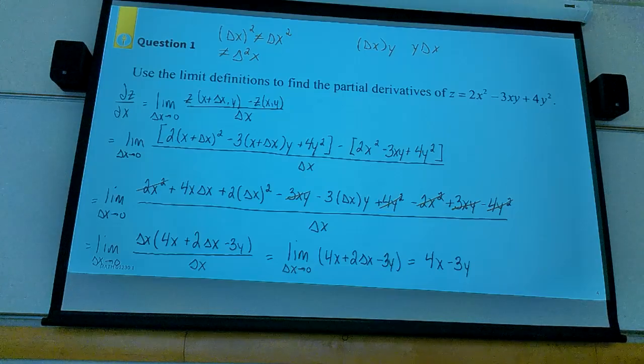That would seem to imply just treat it as a Calc 1 derivative. Just whatever variables you aren't differentiating with respect to, treat as a constant. And what's the derivative of a constant? So partial of y with respect to x would be 0. Partial of z with respect to x would be 0.